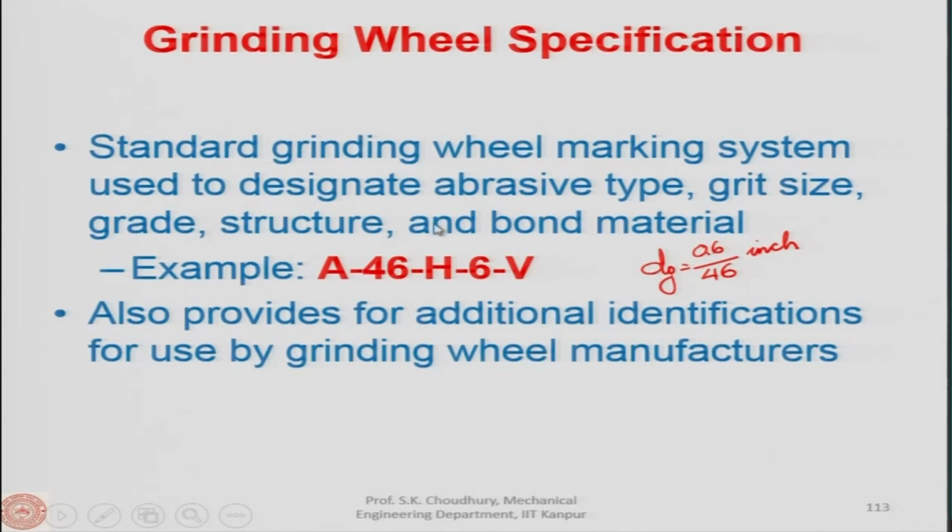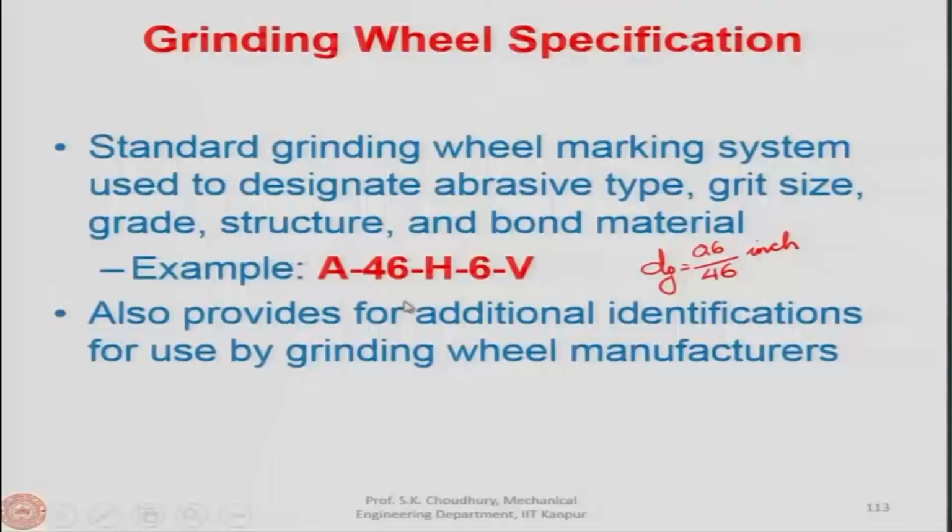Other way of saying, suppose you need a particular surface roughness, a particular material being ground, and particular conditions given for the workpiece material and parameters. In that case, you have to judiciously select the grinding wheel and specify it only in this way. Of course, there could be a manufacturer's code in the beginning and at the end.